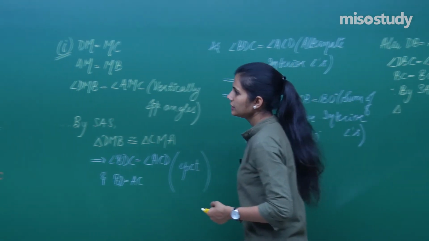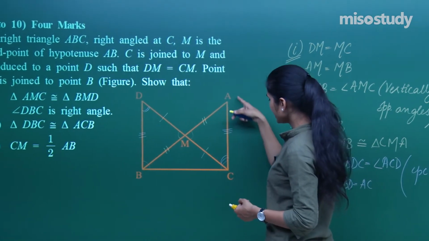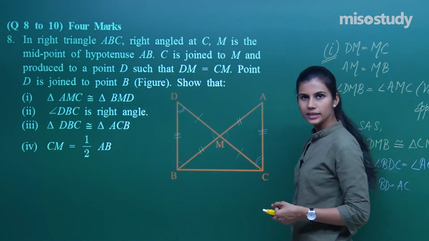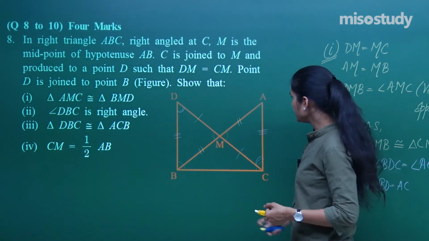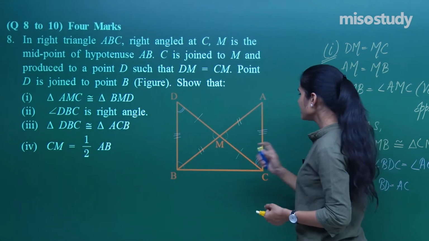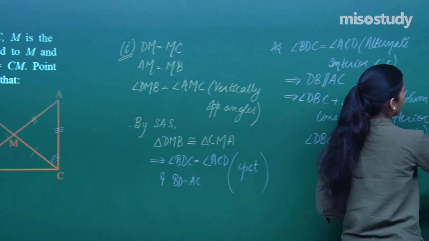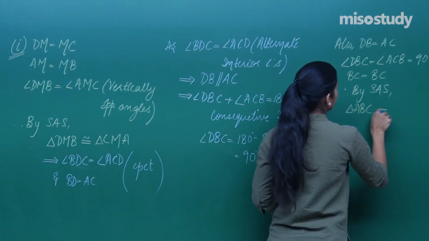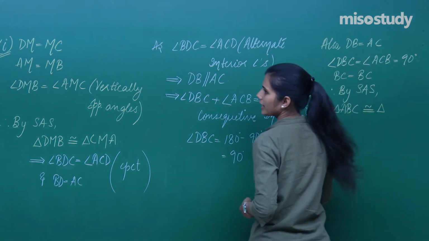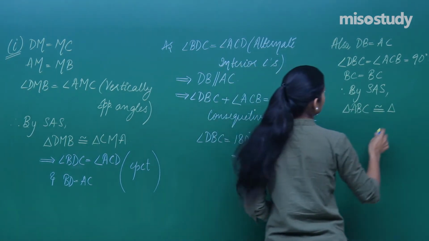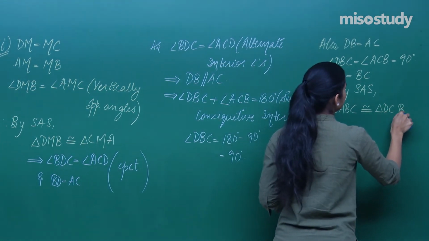I have triangle. Now see, AC is same as DB. A is corresponding to D, C is corresponding to B, and B is corresponding to C. So triangle ABC is congruent to triangle DCB.